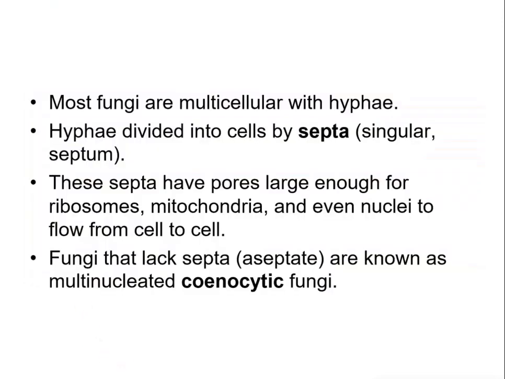These septa have pores large enough for ribosomes, mitochondria, or even nuclei to flow from cell to cell. Some fungi lack septa, or are aseptate. This kind of fungi is known as multinucleated coenocytic fungi.